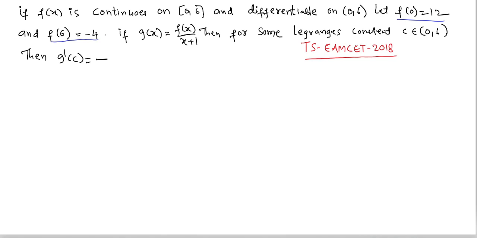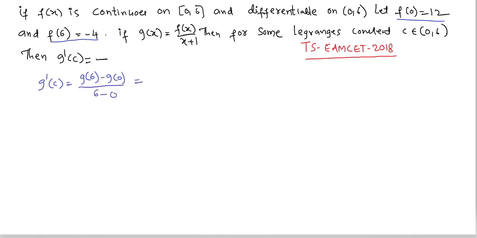According to Lagrange's mean value theorem, we know that g dash c is equal to g of b minus g of a by b minus a, that is g of 6 minus g of 0 by 6 minus 0.